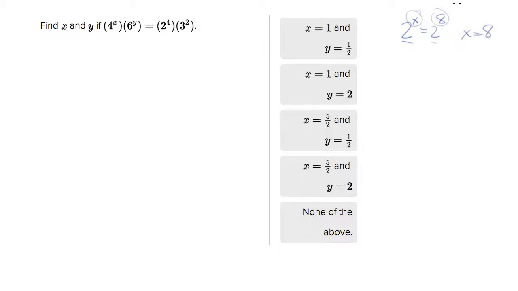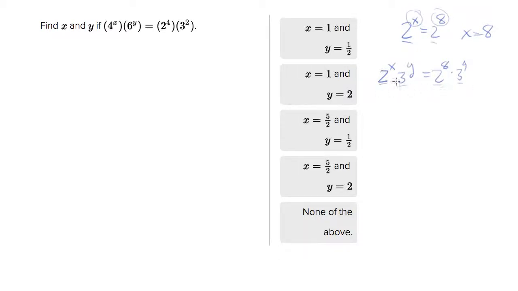Well, this you can expand, this logical construct, to the following. If you have 2 to the x times 3 to the y equals 2 to the 8 times 3 to the 4th, you can also infer, as long as, so there's one little constraint here, which is these bases must be prime bases.